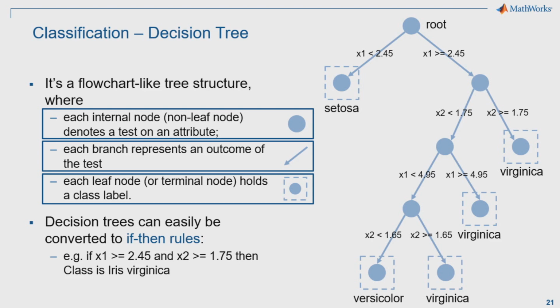So another kind of classification algorithm instead is the decision tree. Decision tree is a flowchart-like tree structure, and in particular, as you may know, trees in computer science are a data structure in which there are some nodes, and these nodes can be internal or external.